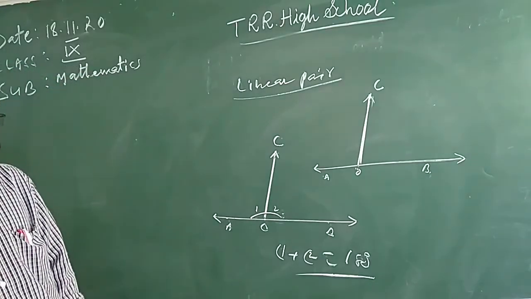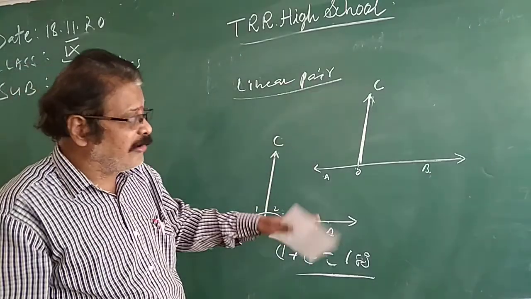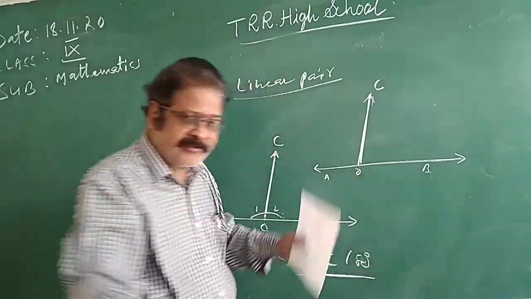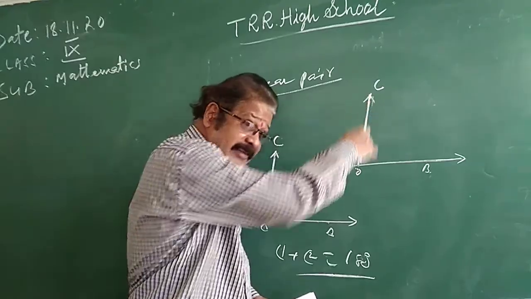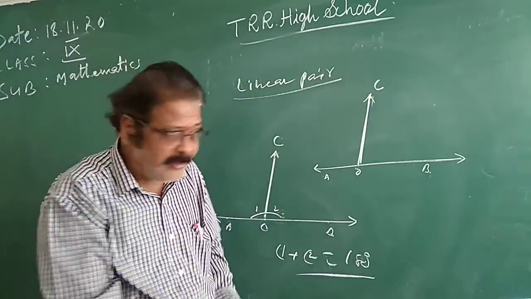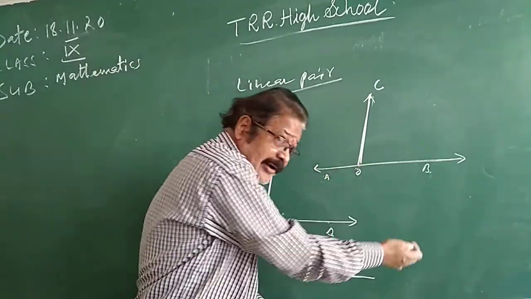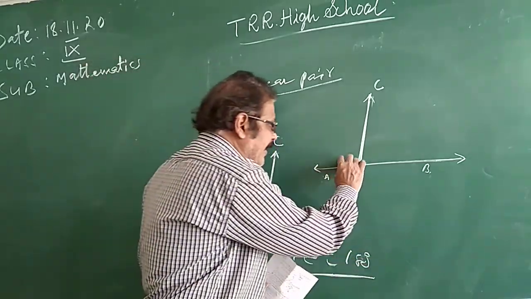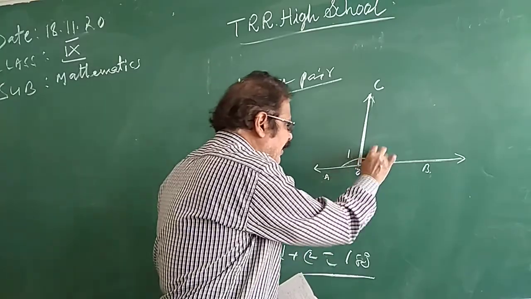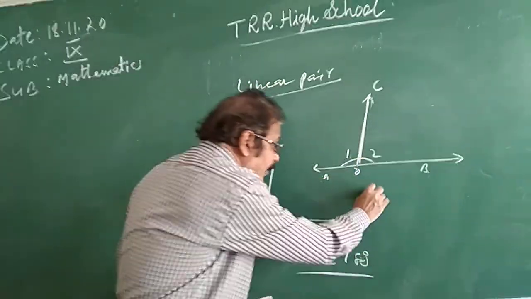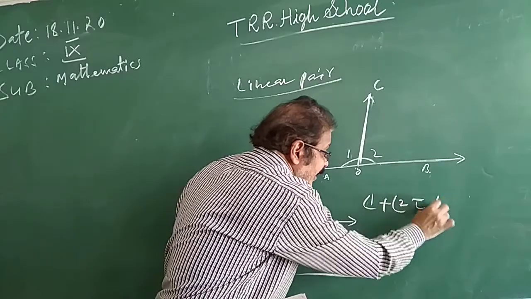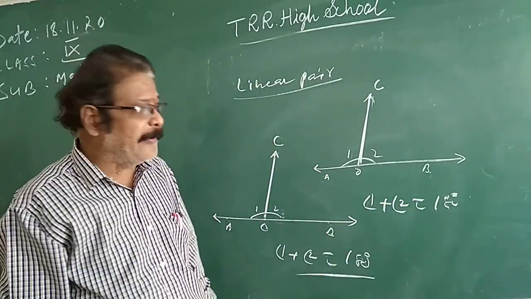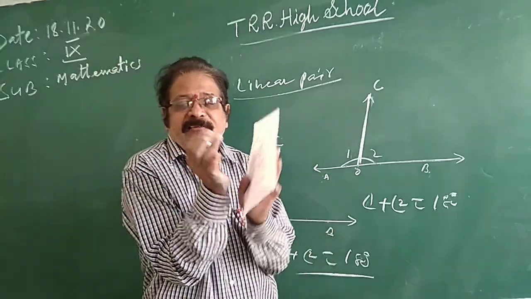The ray OC is standing on the straight line AB. Linear pair means the sum of the adjacent angles is 180 degrees.